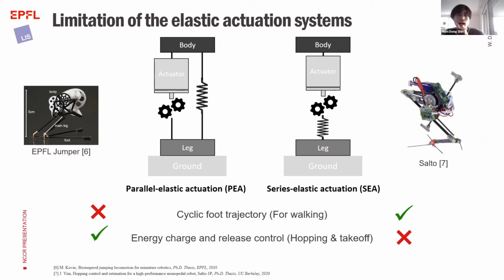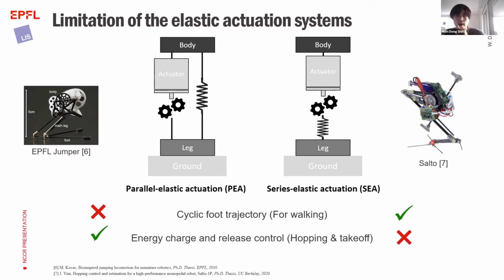The elastic element releases energy when a trigger is activated, and the connection between the actuator and the leg is broken. So PEA can store the elastic energy as much as it wants with a high gear reduction ratio. By slowly storing energy, you can reduce the required motor torque.